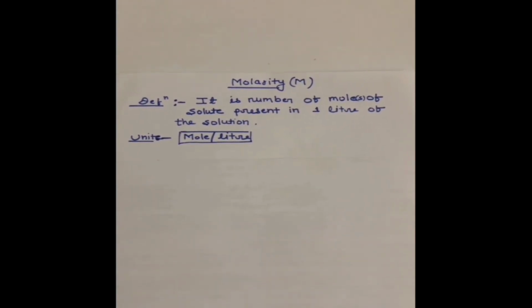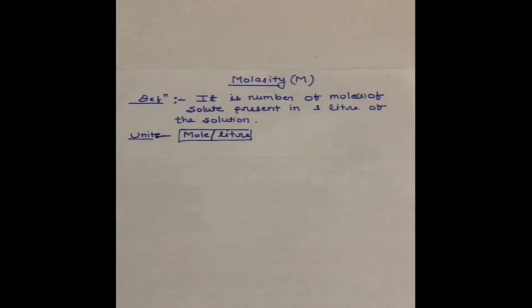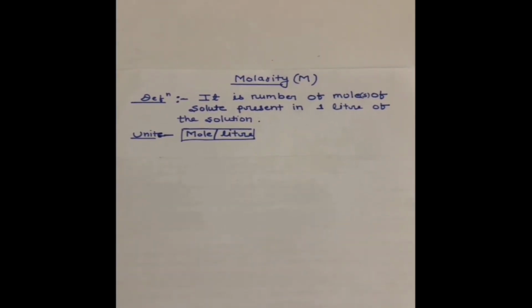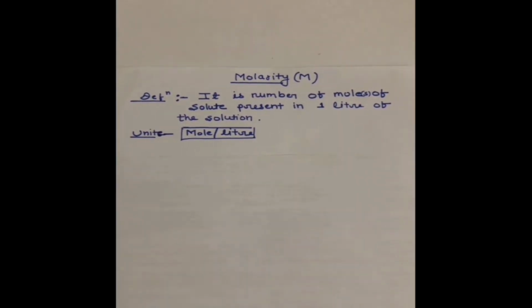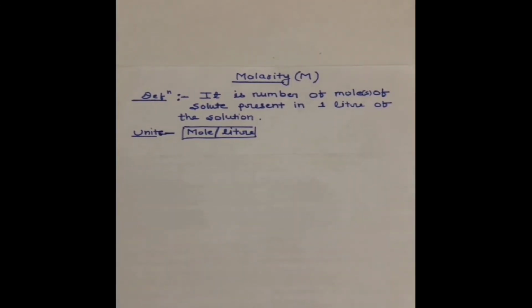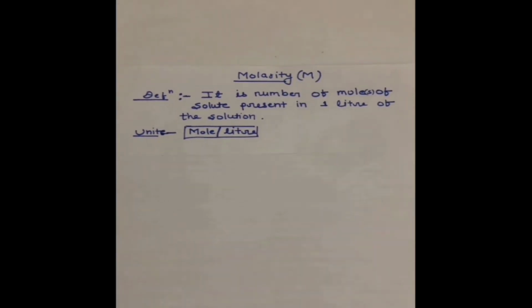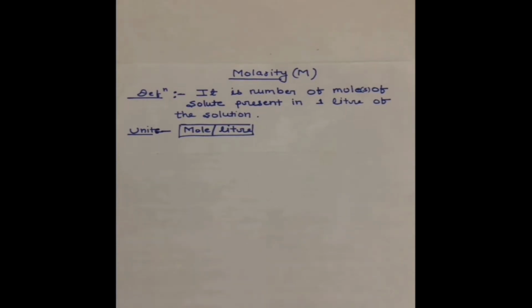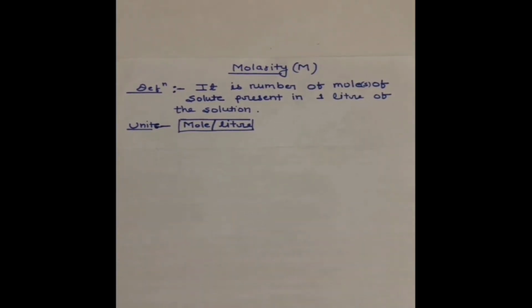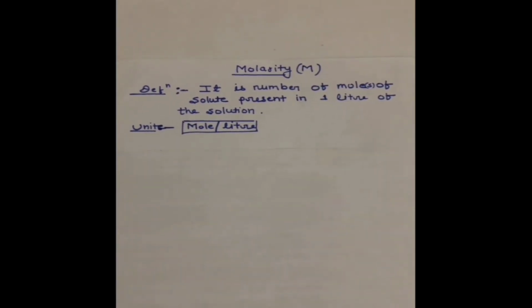I will not pressurize you to remember this definition, but you have to remember its unit more effectively. Its unit is mole per liter. Remember, the unit of molarity is mole per liter.